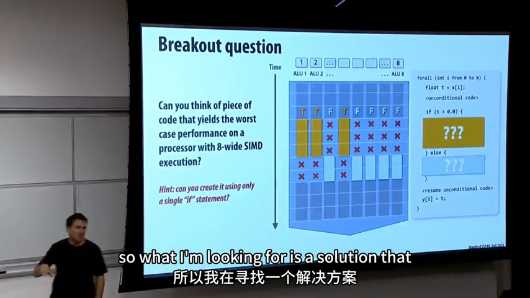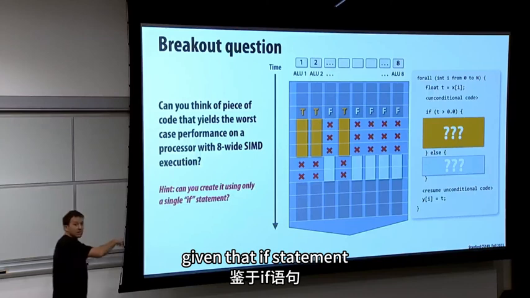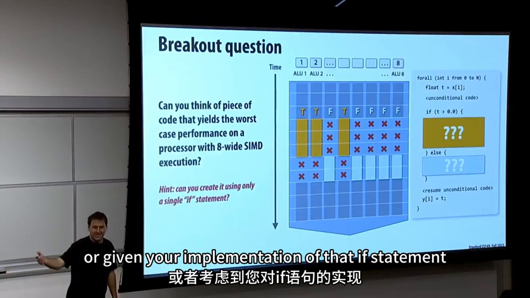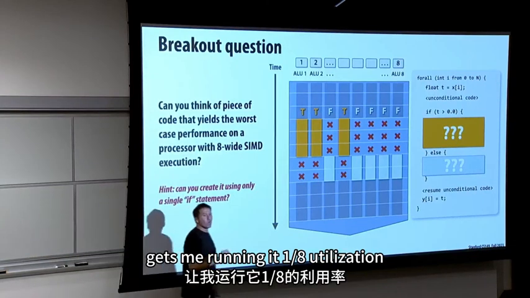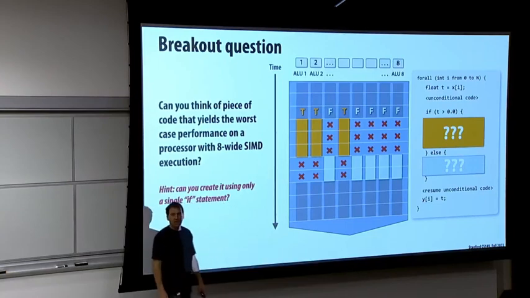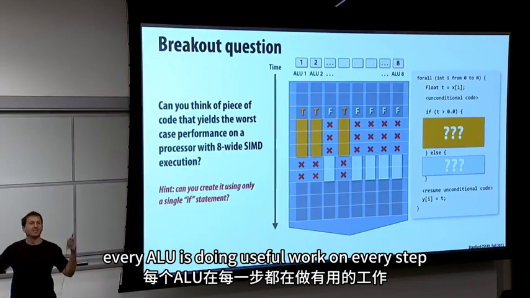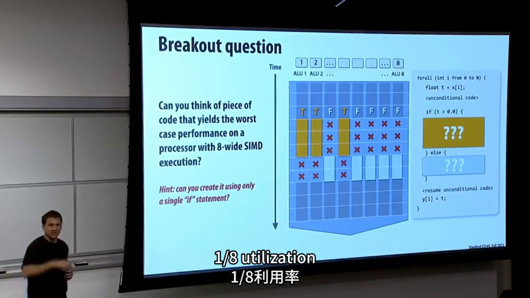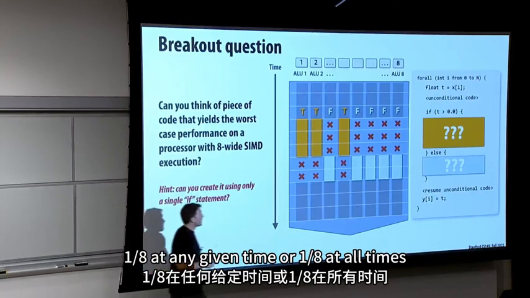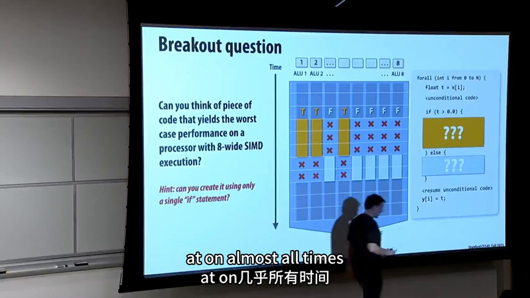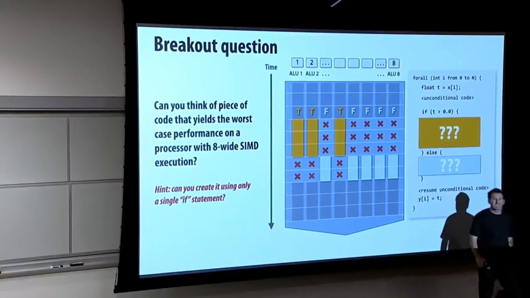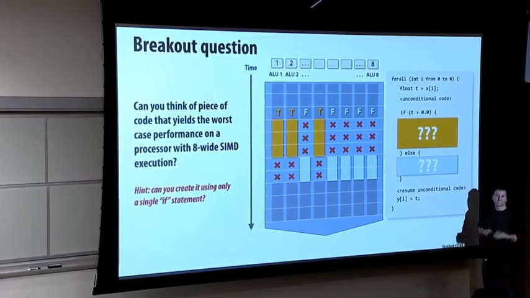So what I'm looking for is a solution that, given your implementation of that if statement, gets me running at 1/8 utilization. 100% utilization is every ALU is doing useful work on every step. 1/8 at any given time, or 1/8 at all times? On almost all times. Yeah.